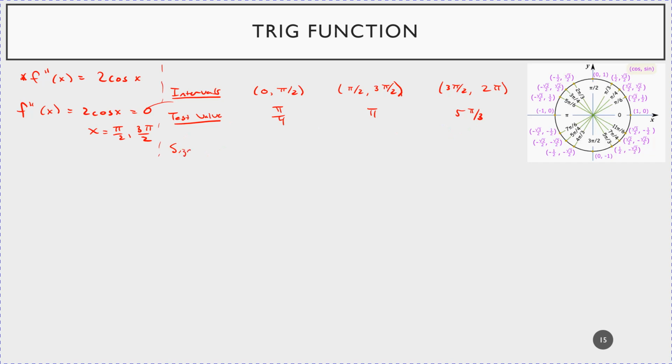So now you're looking at the sign of f double prime of x at the test value. All right, so what is f double prime? It's just the value of cosine. Cosine at pi over 4 is positive. Cosine at pi is negative. And then cosine at 5 pi over 3 is positive.